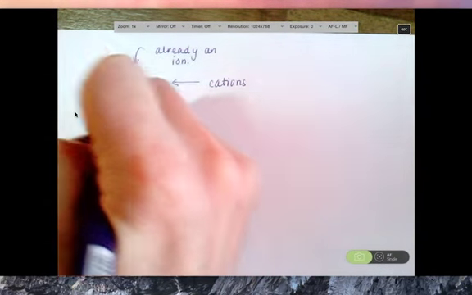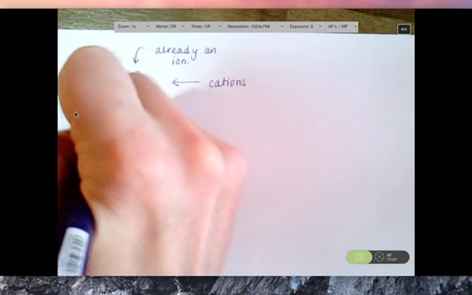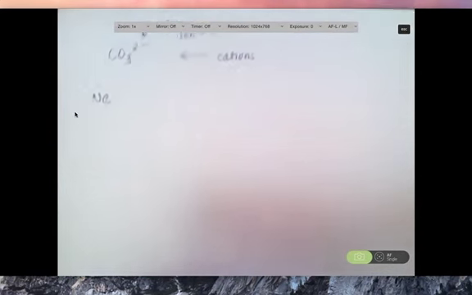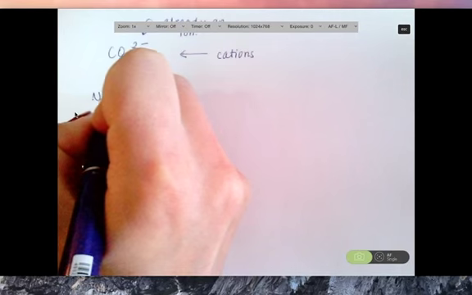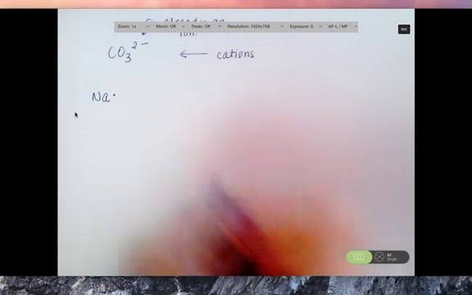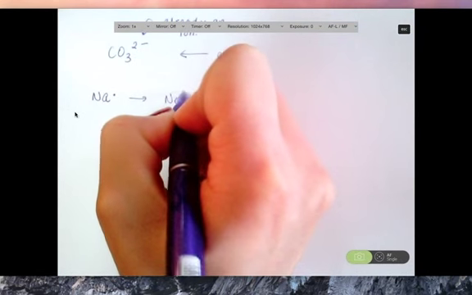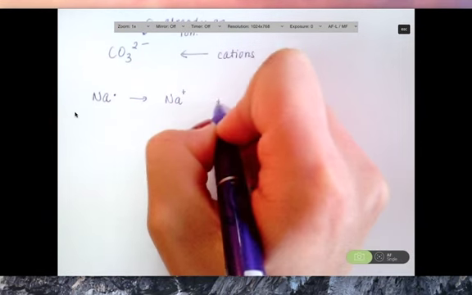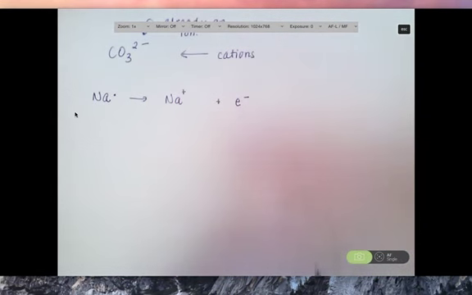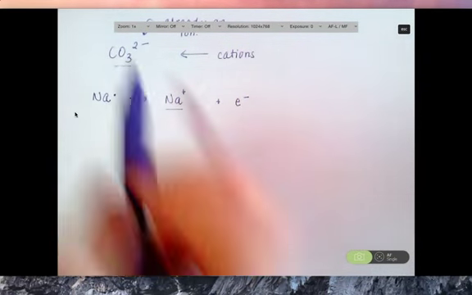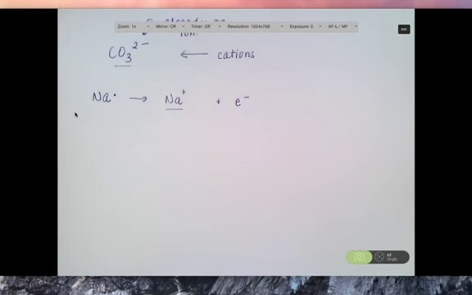So let's say, for example, we know that sodium has 1 electron on its outer shell, so when it loses that 1 electron, it becomes a positively charged ion. So the sodium ion has the possibility of bonding with the carbonate ion.